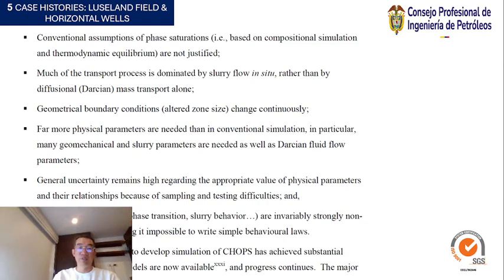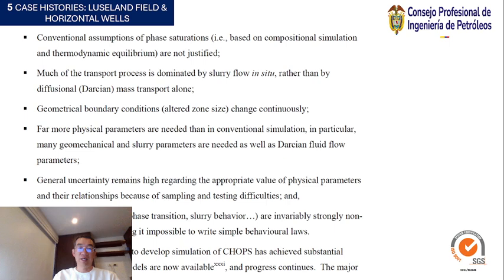General uncertainty remains high regarding the appropriate value of physical parameters and their relationships because of sampling and testing difficulties, and the processes involved, phase transition and slurry behavior, are invariably strongly nonlinear and coupled, making it impossible to write simple behavior laws.